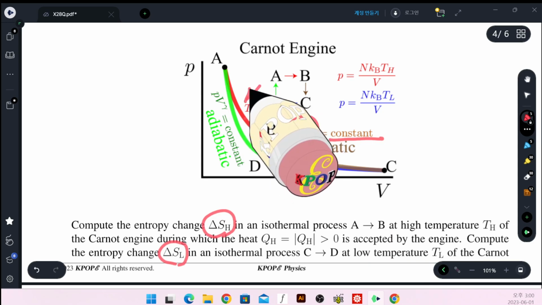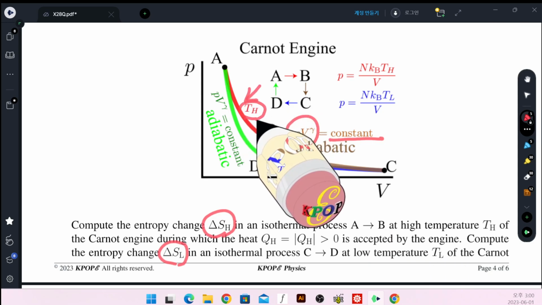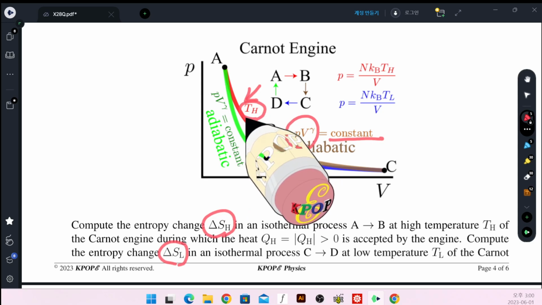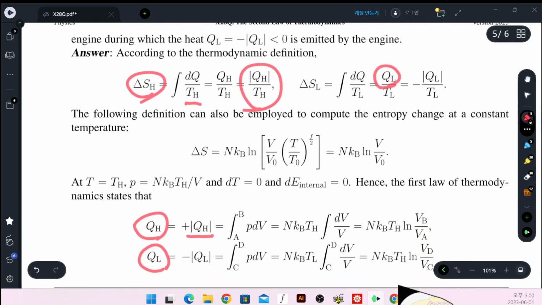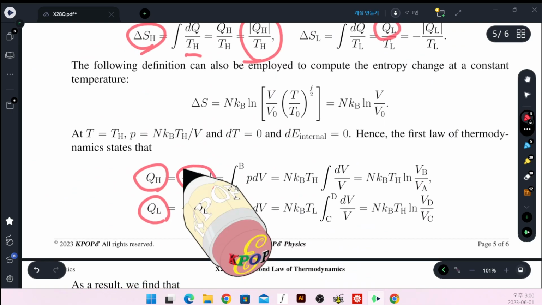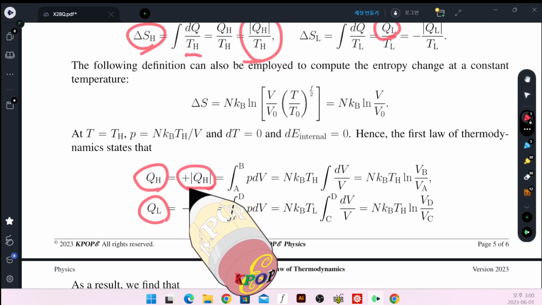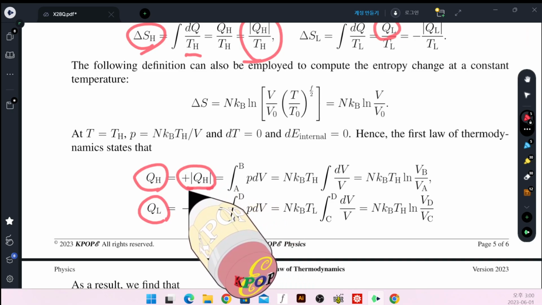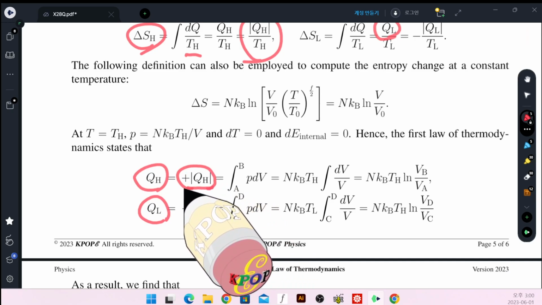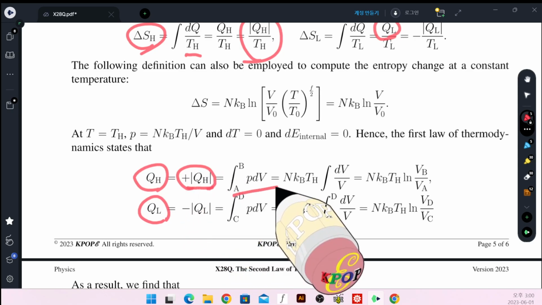It accepts the heat, but temperature is fixed. So the accepted heat is completely transferred to the work. Therefore, the accepted heat at high temperature, fixed at TH, does not increase its own energy. Instead, this heat is completely transferred.